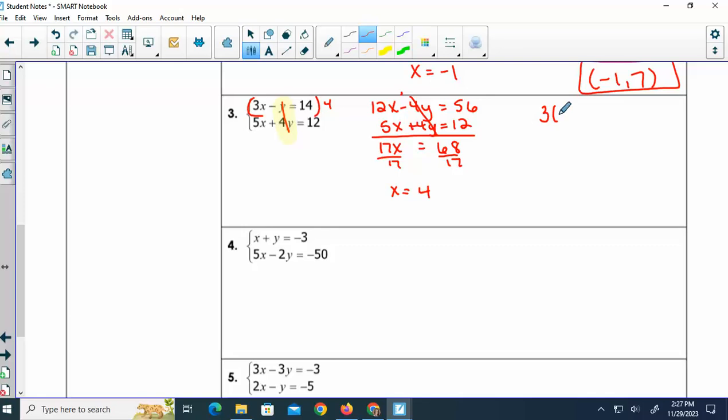We went to the first one. So we have 12 minus y equals 14. Subtract the 12. Divide by negative 1. And y is negative 2.